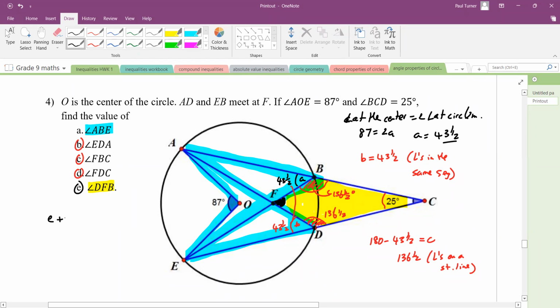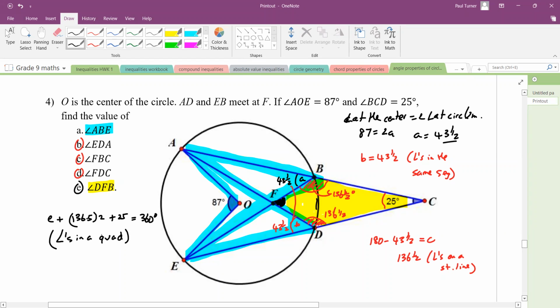So E plus 136.5, but then we multiply that by 2 because we have 2 of them here. And then we add 25. And that should equal 360. So this is angles in quadrilateral. That's the name of the rule there.